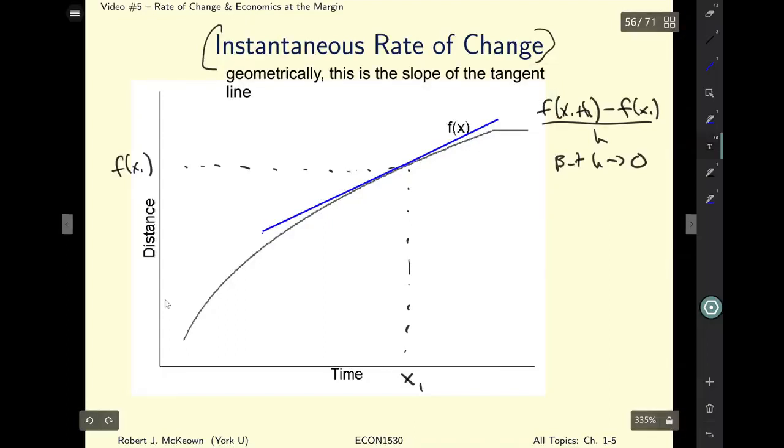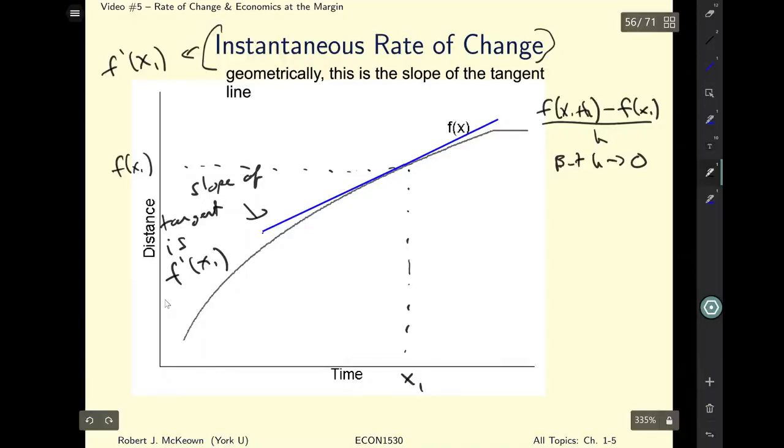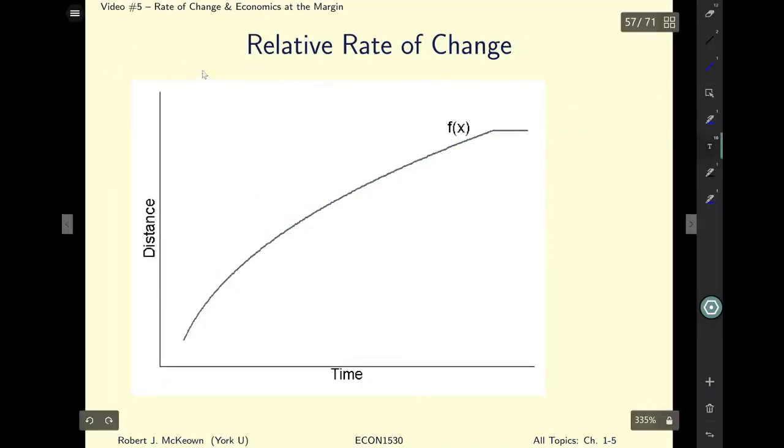And so the instantaneous rate of change, what is that? That's our derivative. So that's our instantaneous rate of change.